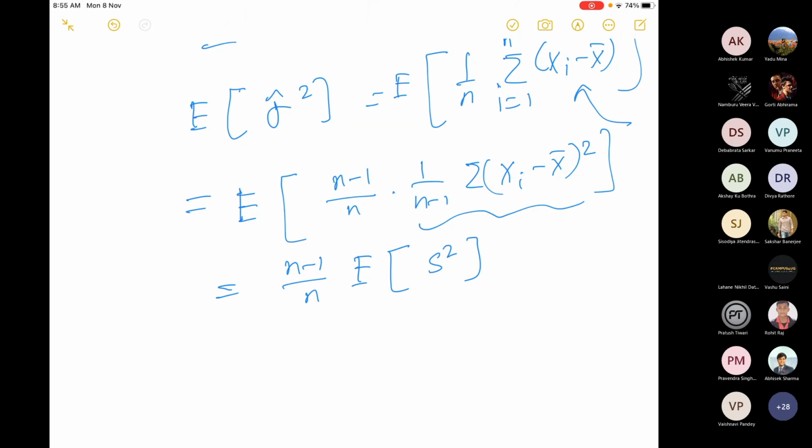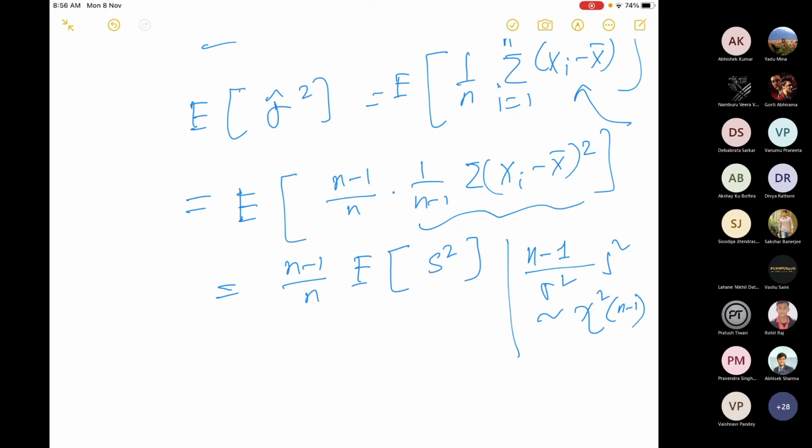But for the sample variance s square, do I know anything about it? Is it related to some standard distribution which is a function of this s square? Recall, n minus 1 times s square by sigma square is chi-square when this random sample is drawn from normal.